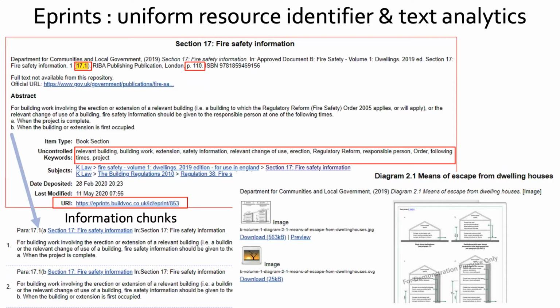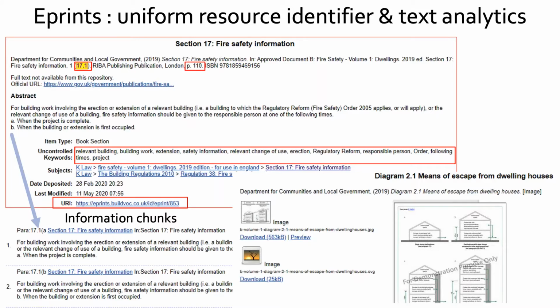Another complicated slide, but the reason I put this together is to show some of the data that could be searched. For example, you could search by the paragraph 17.1, or for example, page 110. Below book section under uncontrolled keywords are some of the keywords that an algorithm has thought apply to these paragraphs.